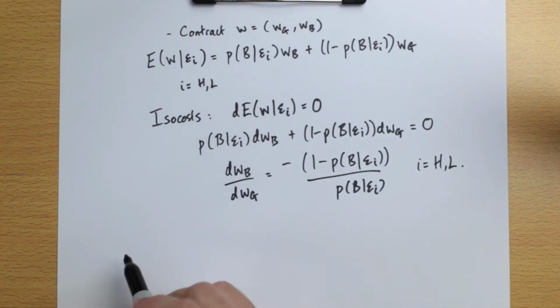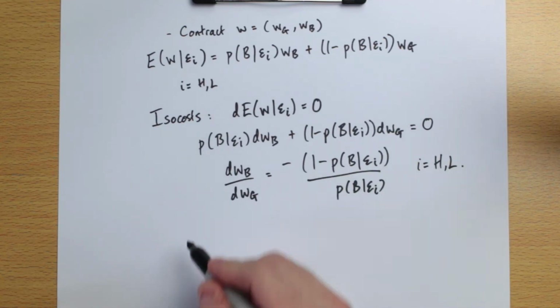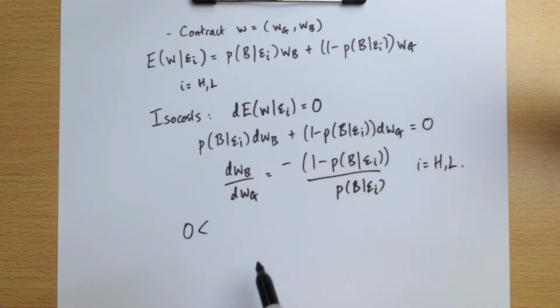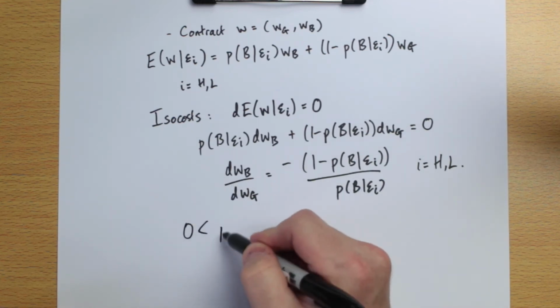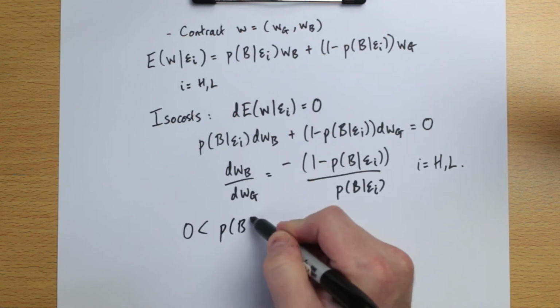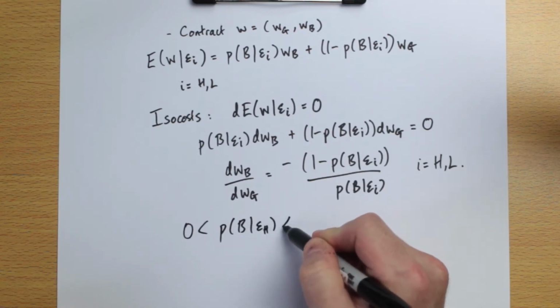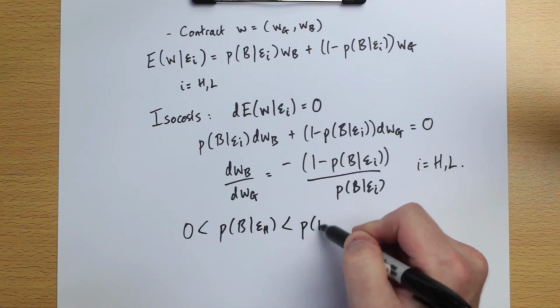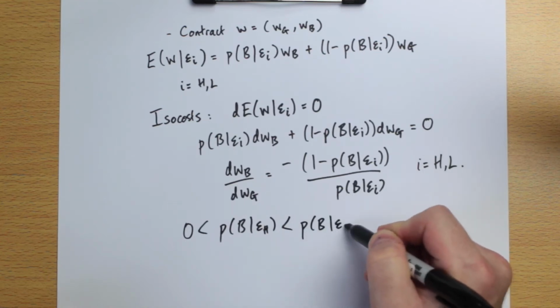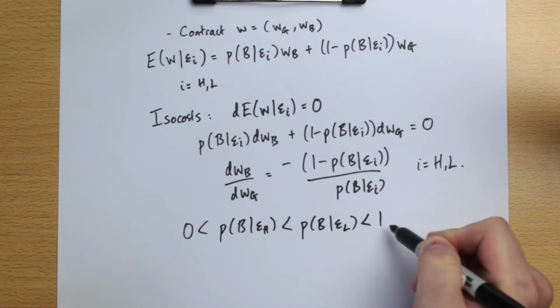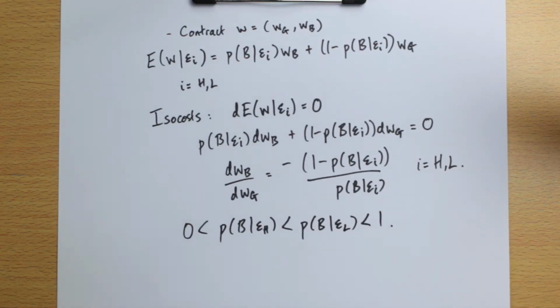Now, if you remember, we had the assumption that the probability of the bad state conditional on high effort is less than the probability of the bad state conditional on low effort, and they're both between 0 and 1. So the bad state is always possible under both levels of effort. It's just that high effort makes the bad state more likely.